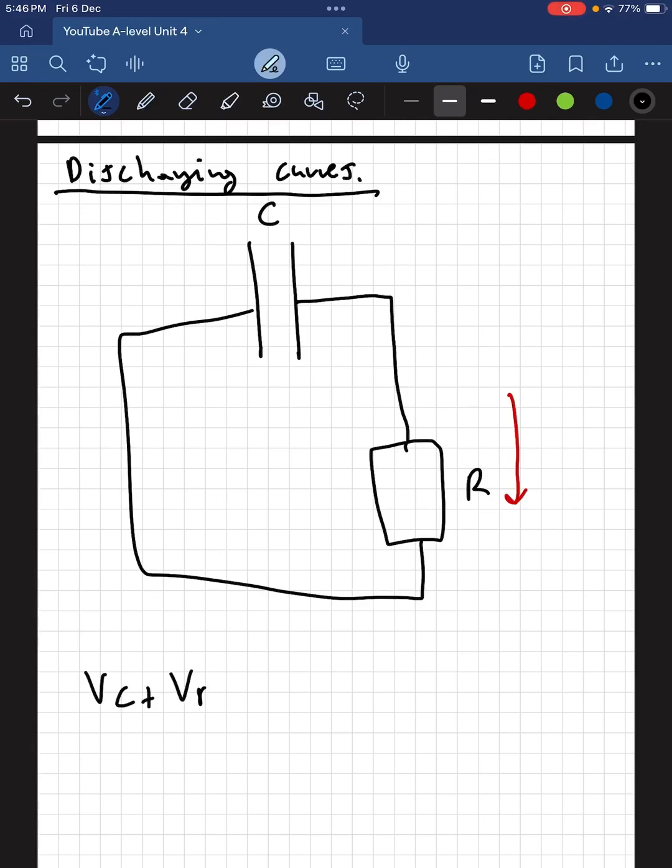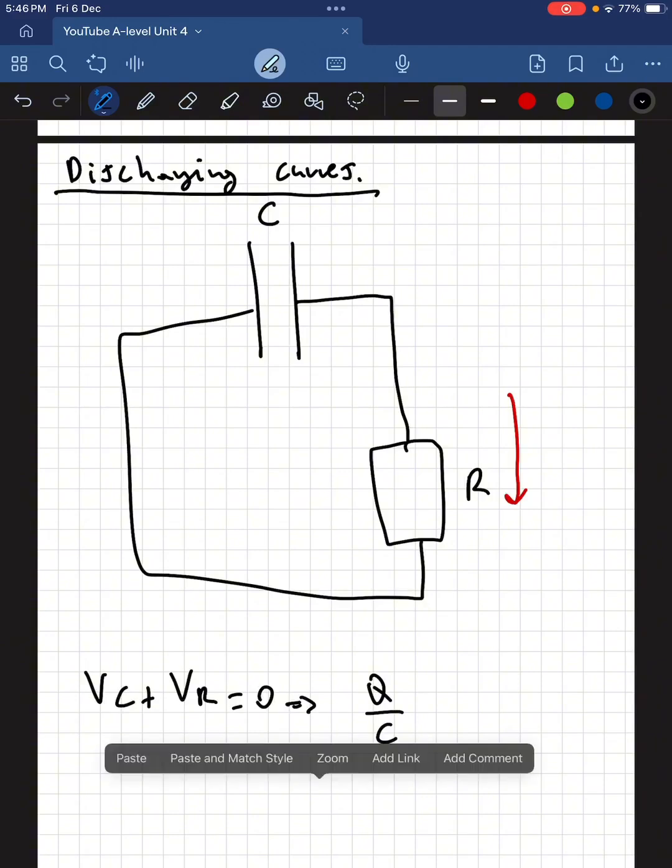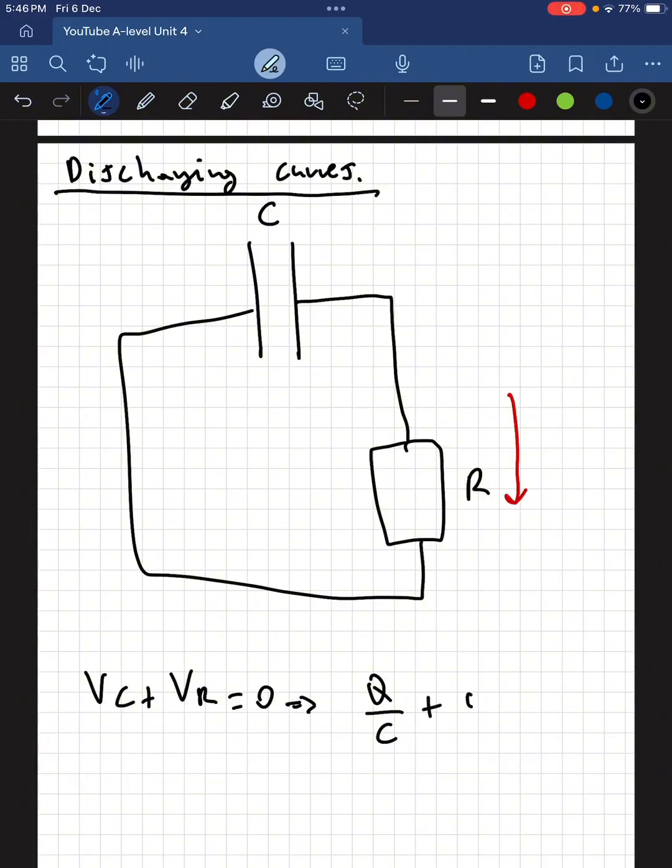So VC plus VR is equal to 0. What is the potential across the capacitor? Q over C. What's the potential across a resistor? It's IR. And what is current? dQ over dt. So R dQ over dt plus 1 over C Q is 0.